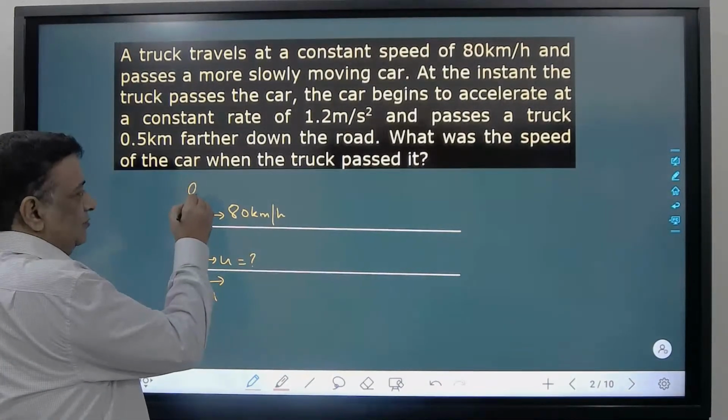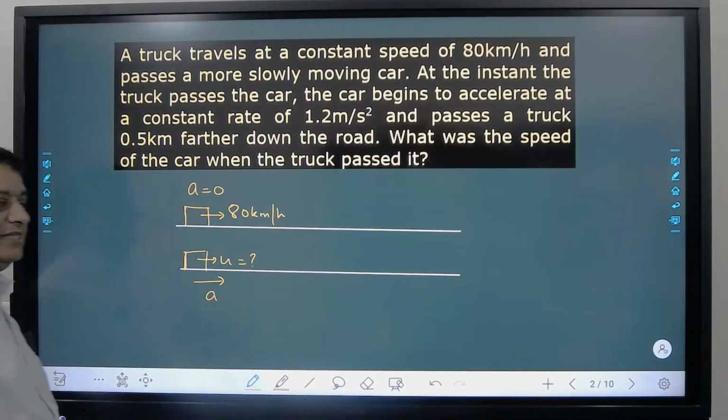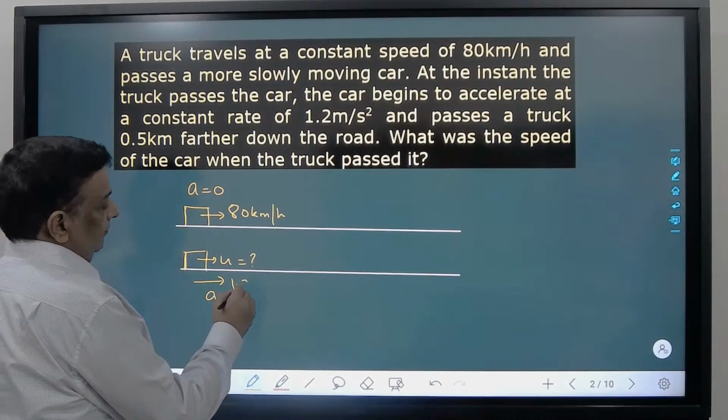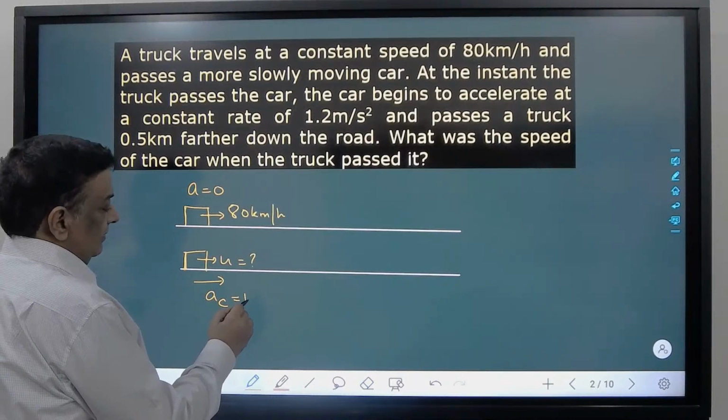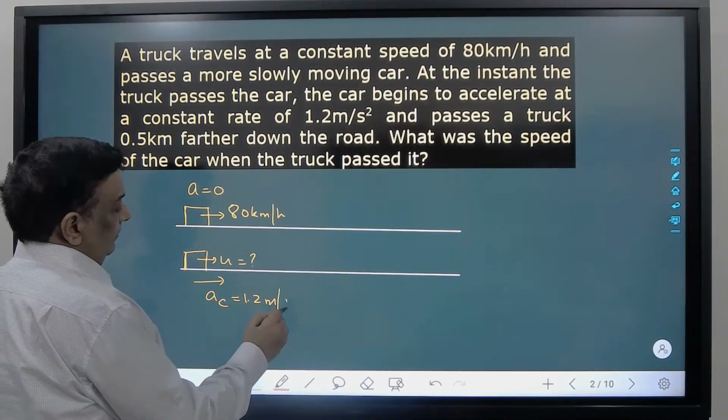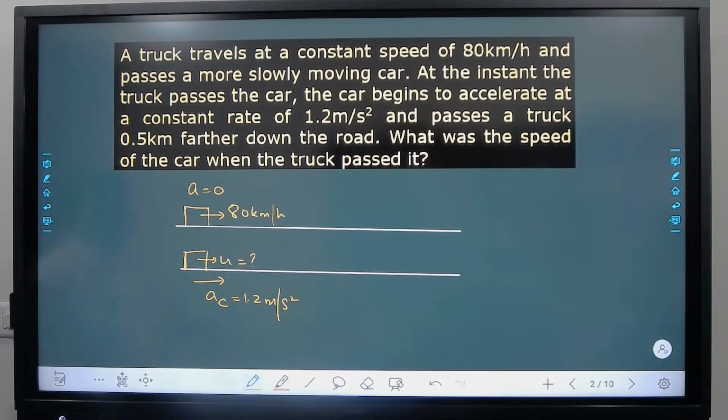Truck is moving with constant speed, means acceleration of truck is zero. And acceleration of car is given as 1.2 meter per second square.